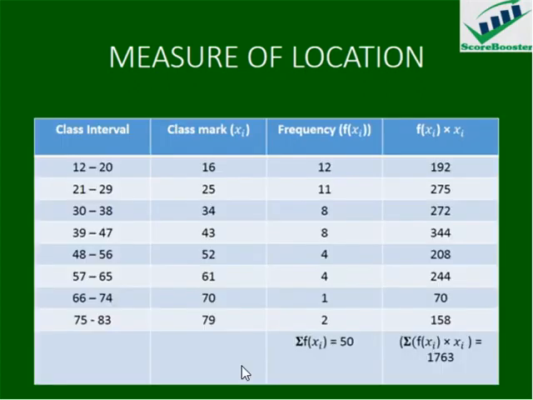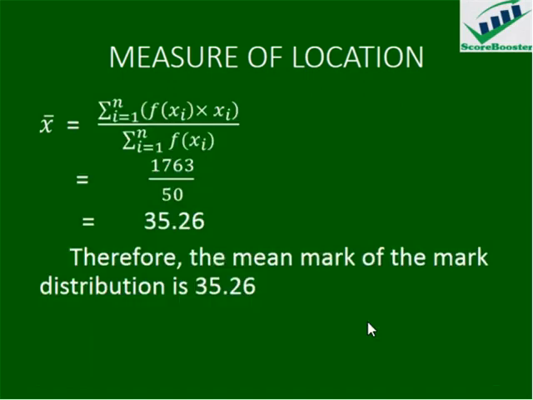If you sum all this together, we have 1763 and the total number of items is 50, which will now be 1763 divided by 50. If that is done, we have 35.26. So therefore, the mean mark of the mark distribution is 35.26. That is how to obtain the mean of data.